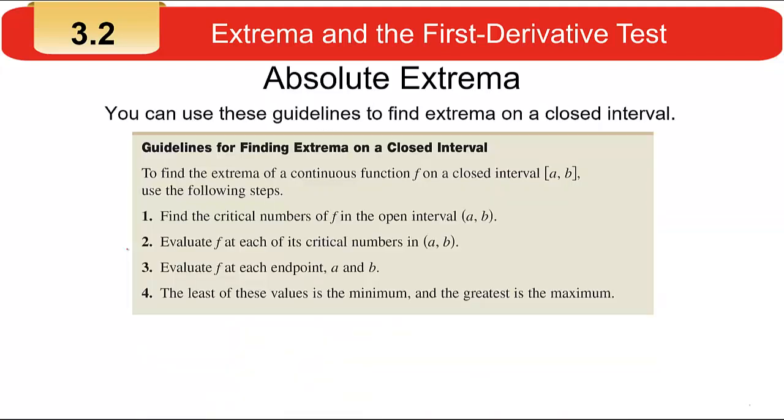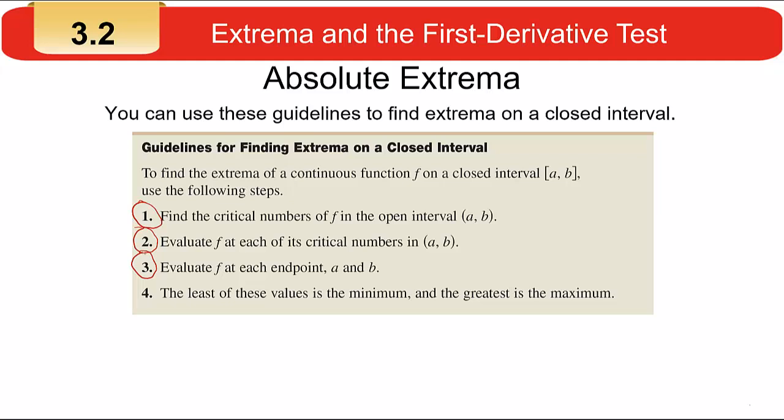So just some overall guidelines. When you have a continuous function over a closed interval, what you want to do is find the critical numbers, just like you were doing with the increasing, decreasing chart, and then find the y values for each of those critical numbers. But also find the y values for the endpoints.